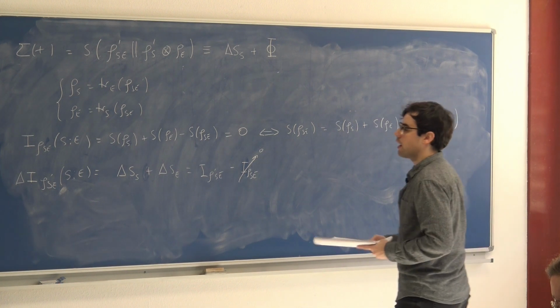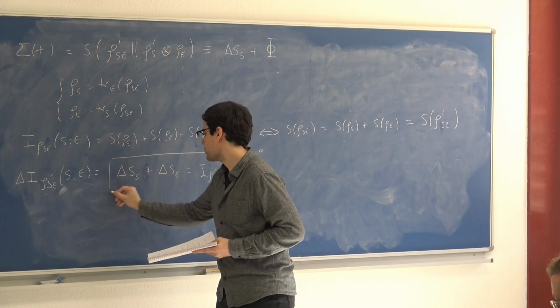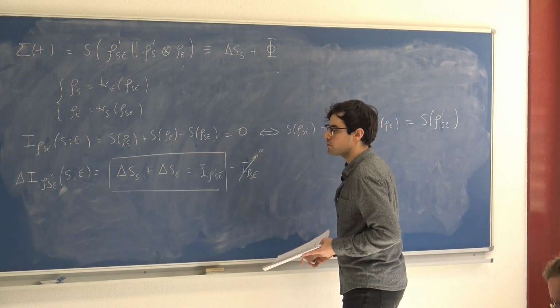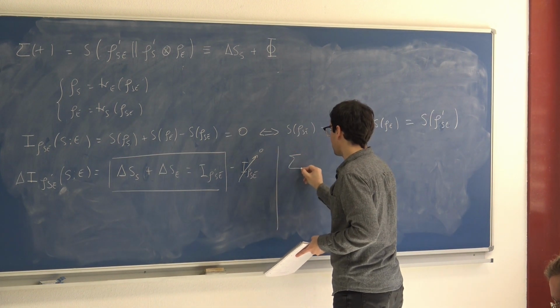So, once we have the expression for the mutual information shared, we can substitute this and compute the entropy production.